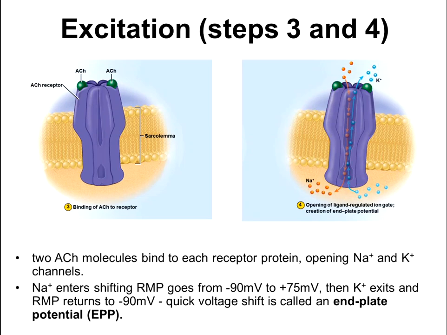So the Na, the sodium, enters, shifting that resting membrane potential from a -90 that we spoke about to a positive 75. This then causes the potassium to exit, and this then reverses that resting membrane potential back to its -90. This quick voltage shift is called an end plate potential, an EPP.